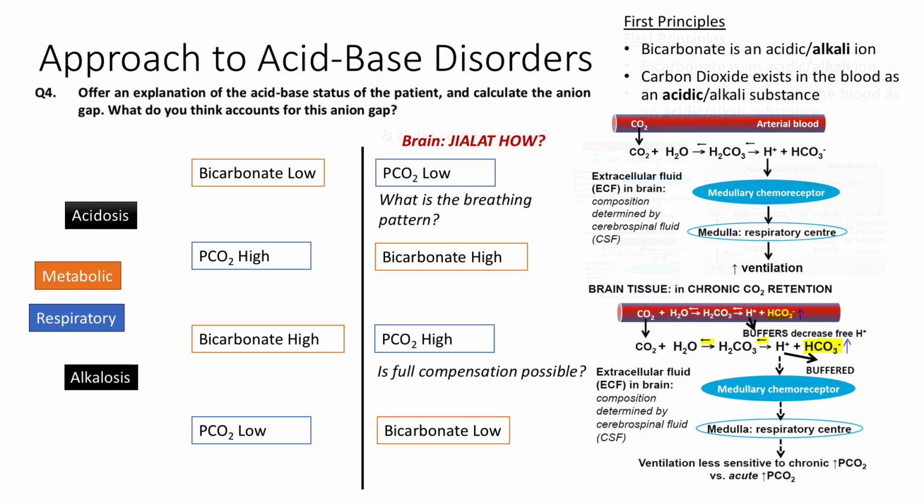The question I want to ask: for metabolic alkalosis, do you think full compensation is possible? In the context of metabolic acidosis, I can just breathe very fast until I lower my PCO2, right? But in the context of metabolic alkalosis, in order to increase my PCO2, what do I have to do?